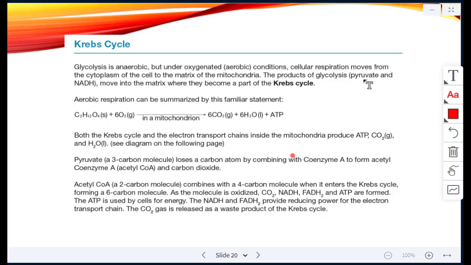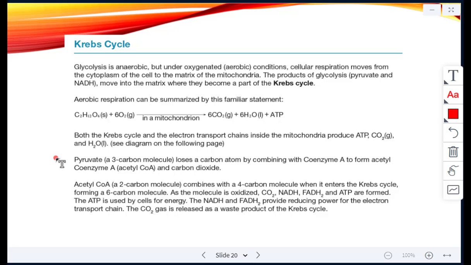So again, the pyruvate and the NADH will move into the matrix of the mitochondria and become part of the Krebs cycle. Once there, the Krebs cycle and the electron transport chains, which happen inside the mitochondria, will produce ATP, carbon dioxide, and water.